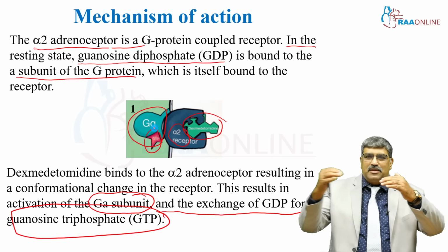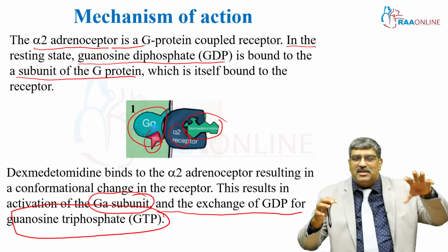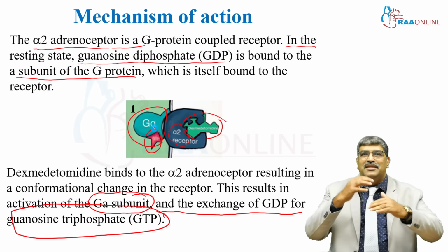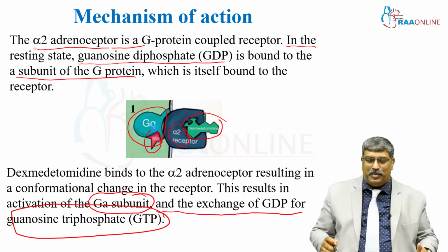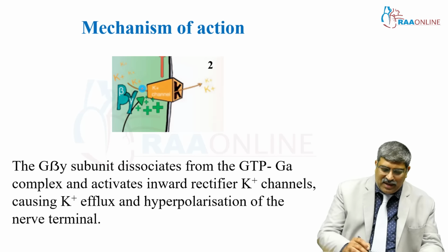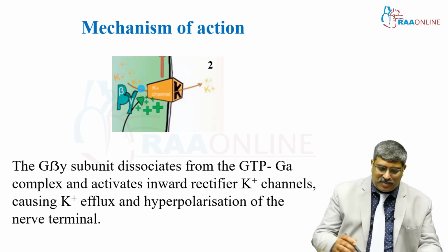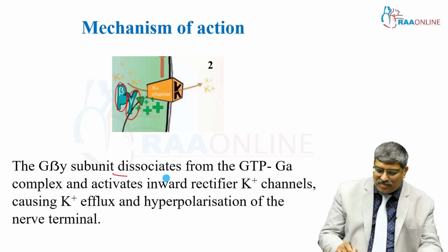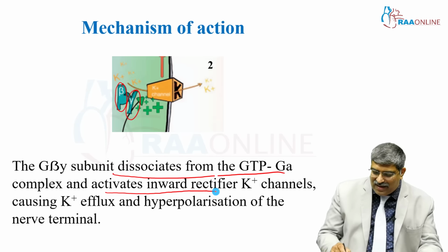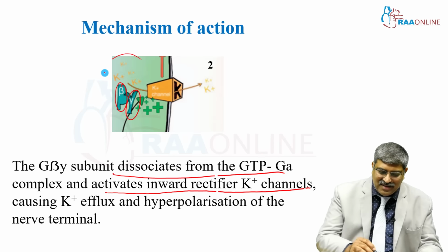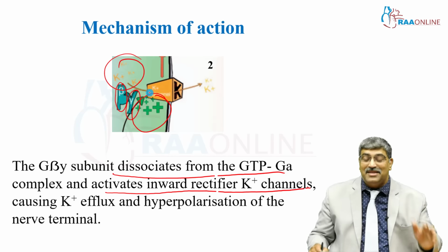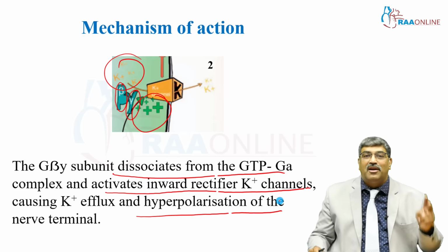So, as dexmedetomidine goes to the alpha-2 receptor, some changes happen in the G protein and this alpha subunit gets exposed and GDP becomes GTP. Now, as dexmedetomidine has bound to the receptor, the beta and gamma subunits dissociate from the complex and activate inward rectifier potassium channels, thereby potassium efflux happens and there is hyperpolarization of the nerve terminal.